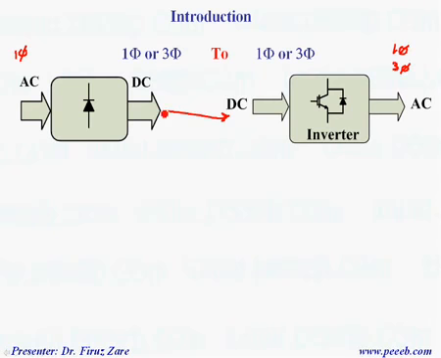That means these two converters in cascade can change single phase to single phase or three phase with variable frequency and variable voltage.